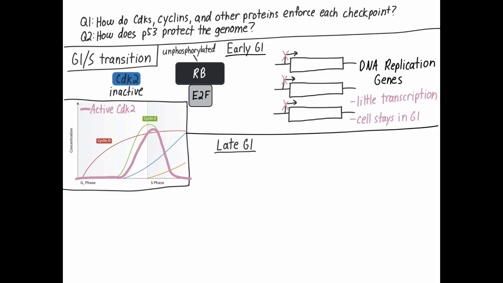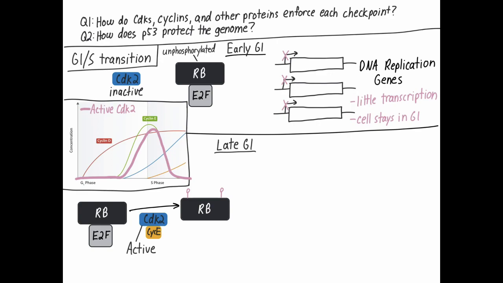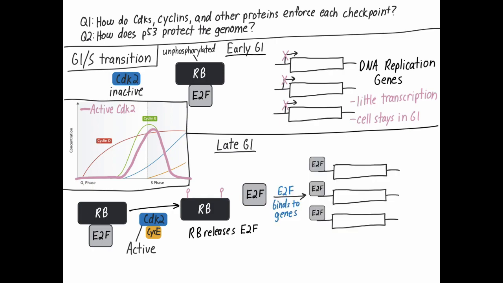But by late G1, cyclin E has accumulated to higher levels and can now bind CDK2. This activates CDK2, which phosphorylates RB, causing it to release E2F, which is now able to induce transcription of DNA replication genes.